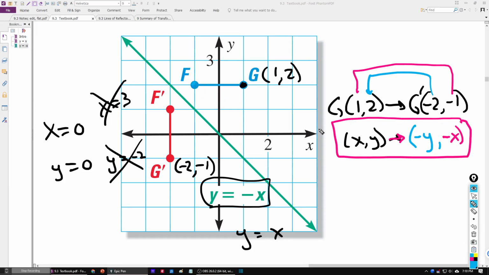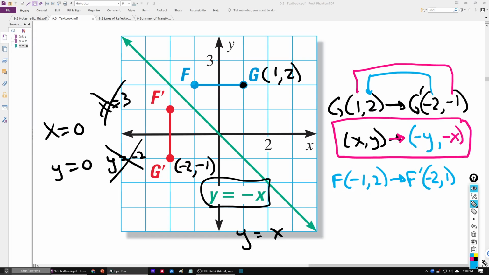Here is f, and what are the coordinates of f? It's at -1, 2, right? And that transforms to f prime. What are the coordinates of f prime? It's -2, 1. So does that work? Let's take x, y, and we want to have it transformed into the opposite of y.